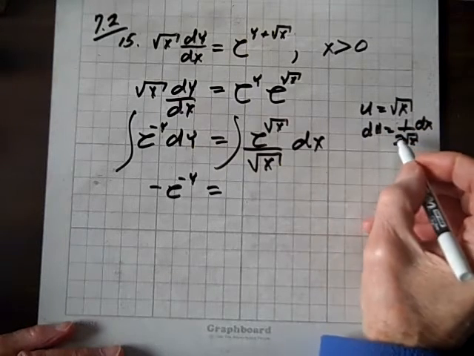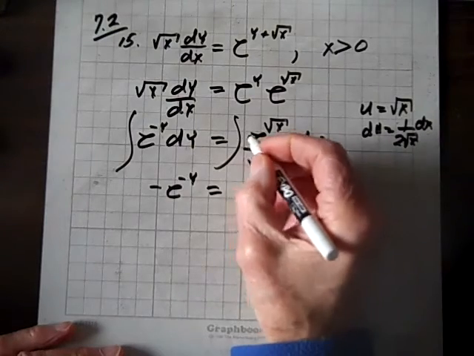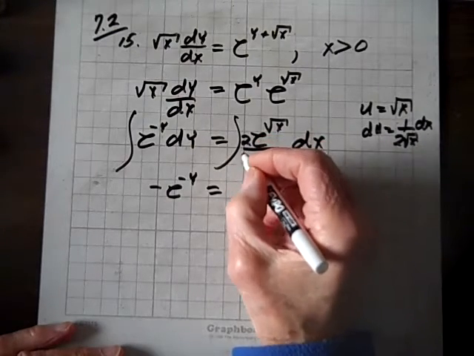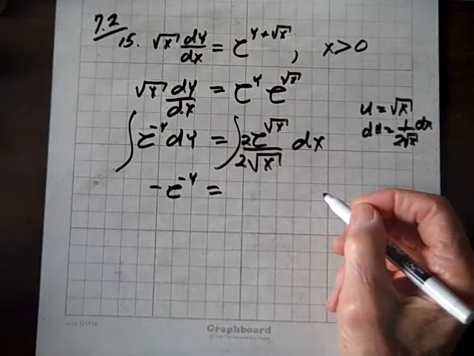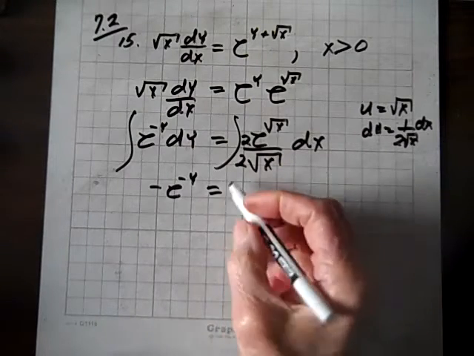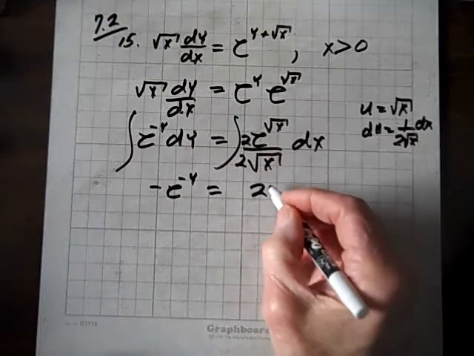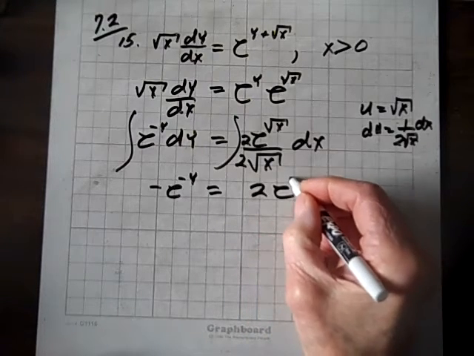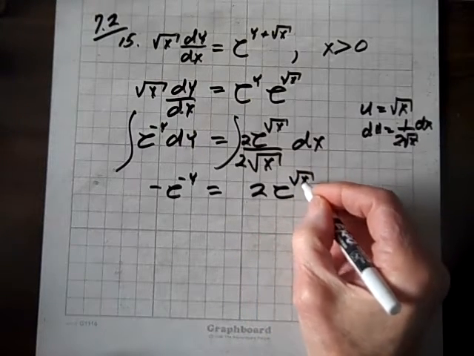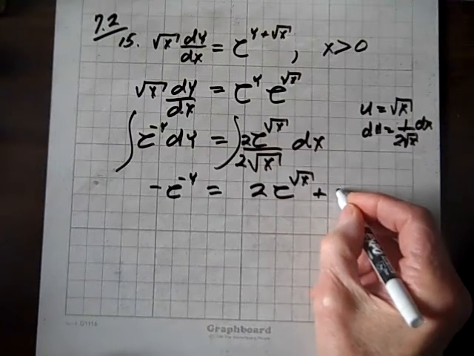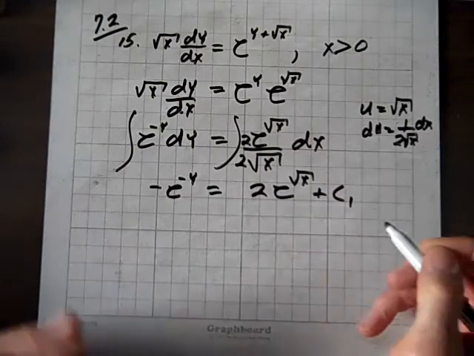Well, we don't have a 2 right there. Well, let's put one there. We can do that as long as we multiply the numerator by 2 also. Now, what we get is 2e to the root of x plus c, and I'll call it c sub 1.